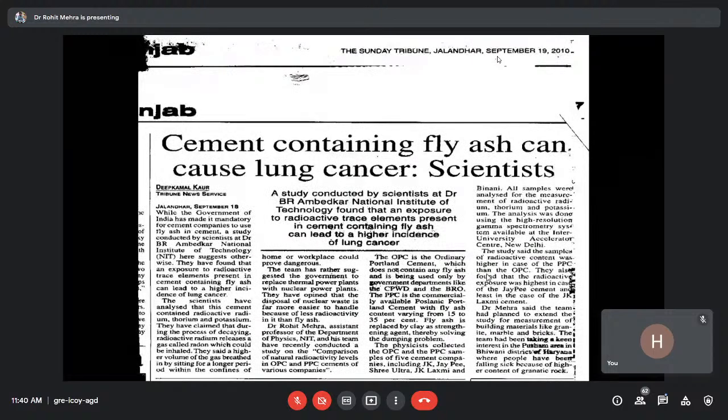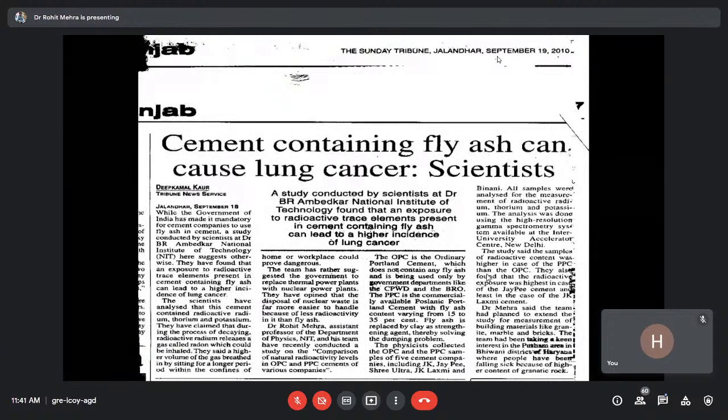But on the other hand, the radiation also increases because fly ash is naturally radioactive, because of the coal which you are burning, especially in our areas in Punjab, like Lehra Mohabbat, Ropar, Bathinda or Talwandi Sabo thermal power station. The coal which we are getting was coming from the Singhbhum areas most of the time.